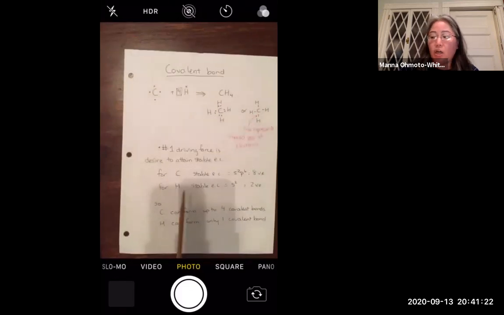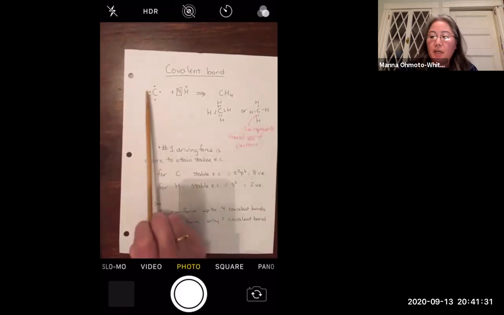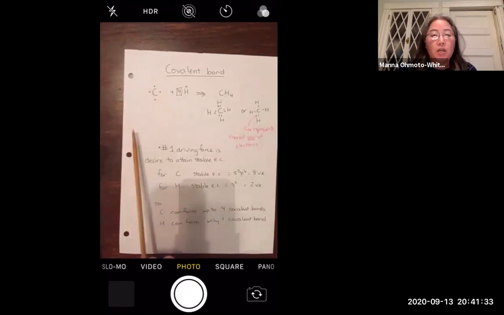So again, carbon is happy because it's achieved a stable electron configuration, and so is hydrogen. Another way to look at it is that because carbon has 4 unpaired electrons, it can form up to 4 covalent bonds. Hydrogen can form only 1 covalent bond because it can only attain the 1s2 electron configuration in order to achieve a stable electron configuration.